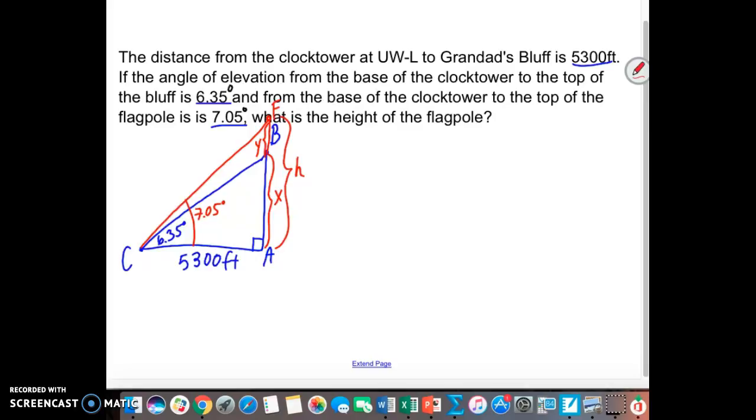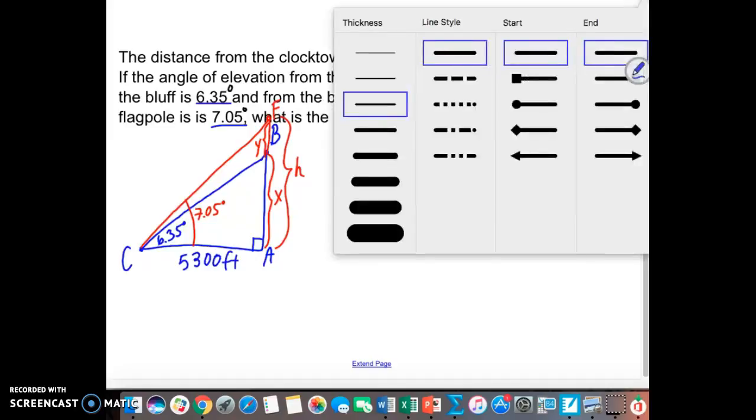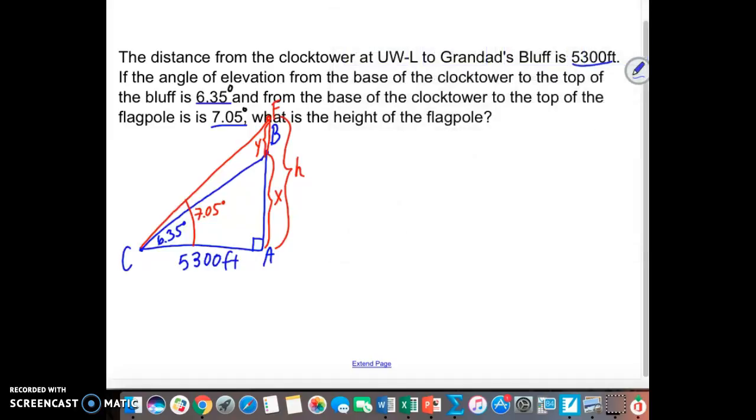So first, starting out with the blue triangle, since we have the angle 6.35 degrees, and we know we're dealing with the x, which is the opposite side length, and we know the adjacent side length, the trig function that uses opposite and adjacent is tangent.